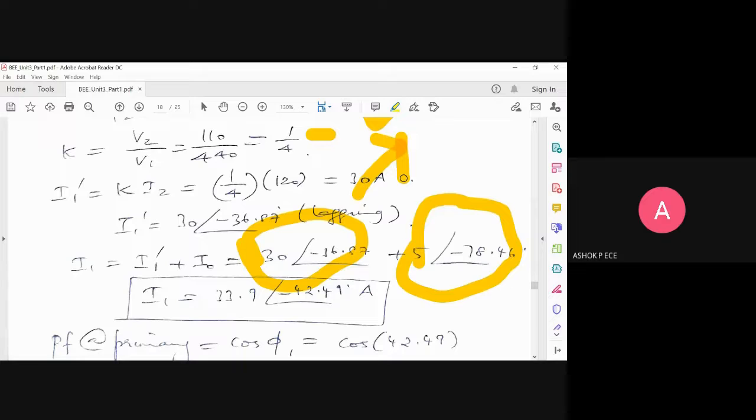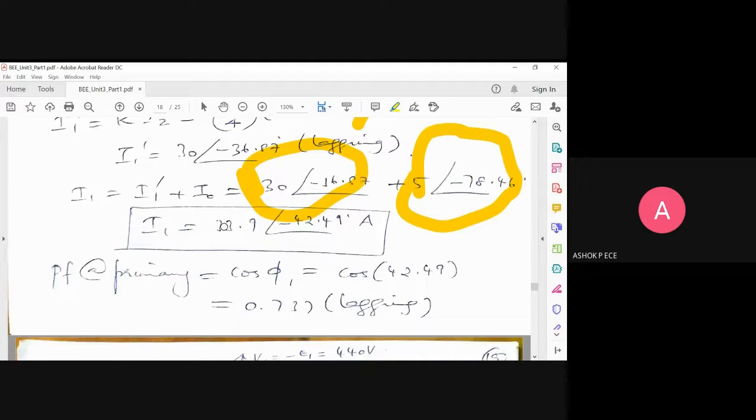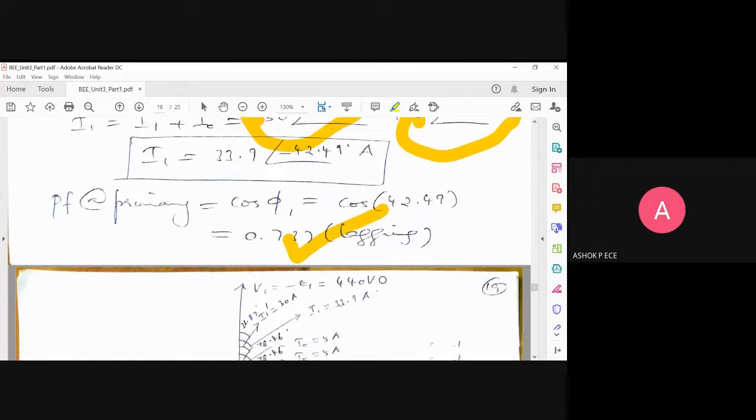So by that, you get the answer as 33.9 angle minus 42.49. Minus indicates lagging. And if you find the power factor, cos 42.49, you get 0.737 lagging power factor.